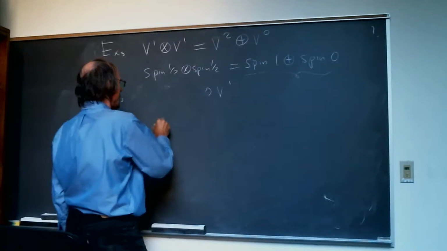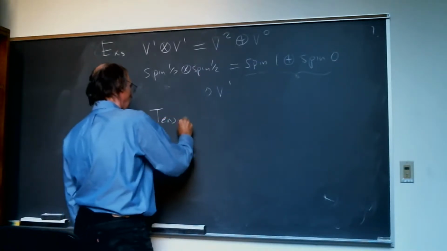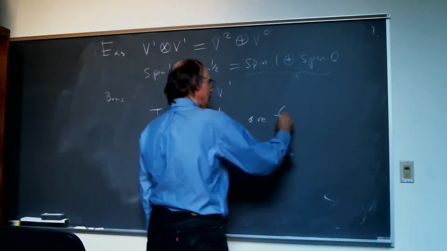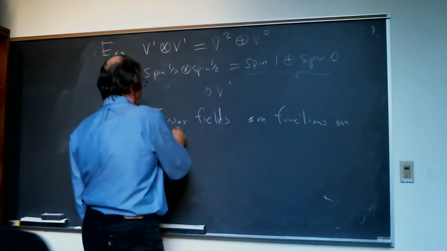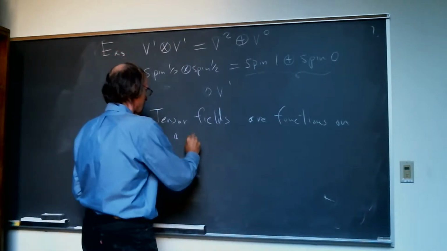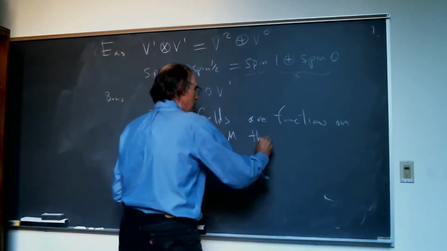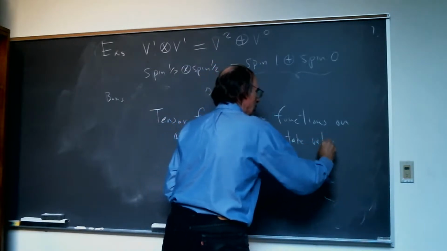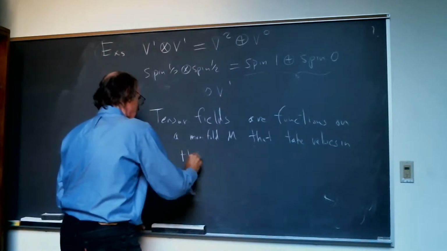So from this point of view, tensor fields are functions on Rn, or you can do it on a curved space, let's say a manifold M, and they take values in a vector space.